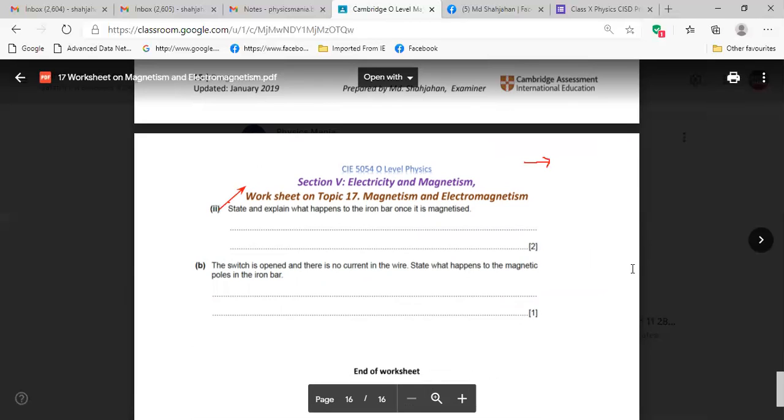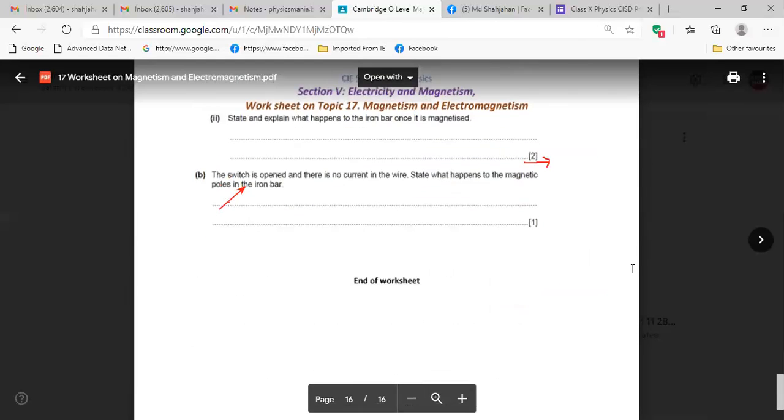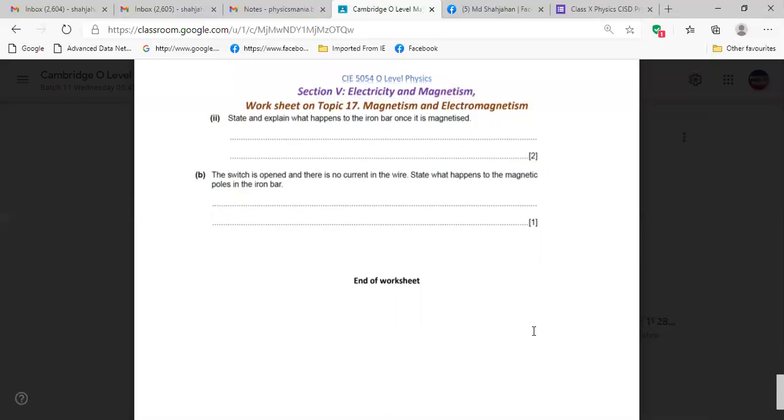State and explain what happens to the iron bar once it is magnetized. It gets attracted to the solenoid as unlike poles attract. Yes. Then next, last part. The switch is open and there is no current in the wire. What happens to the magnetic poles in the iron bar?